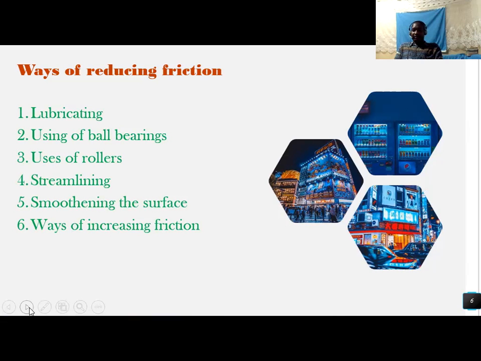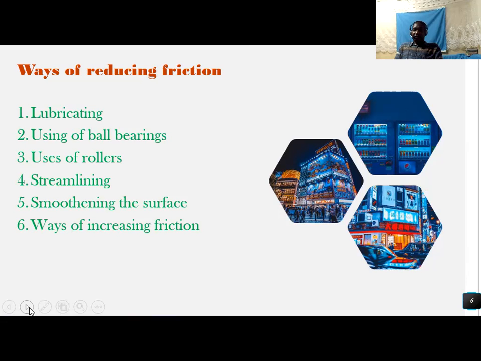For instance, birds and cars are streamlined. Aeroplanes are also streamlined to ensure that they fly smoothly. Second last is smoothing the surface. Making a surface smooth reduces friction. Wood surfaces are smoothed using sandpaper.